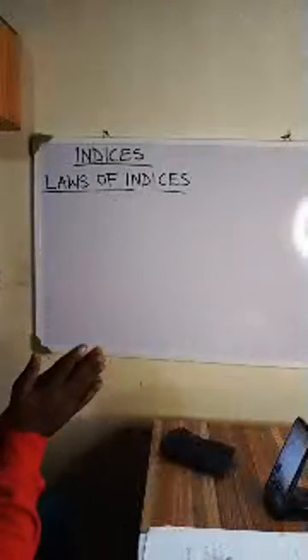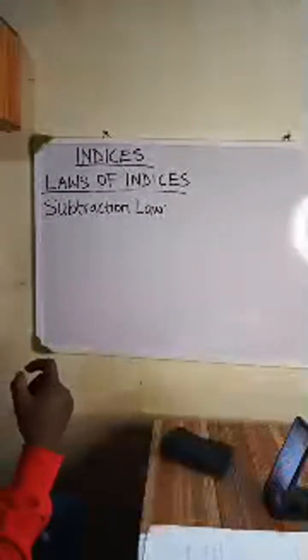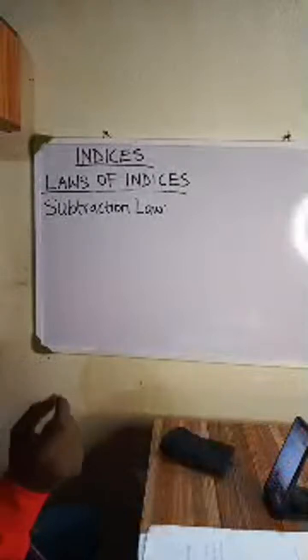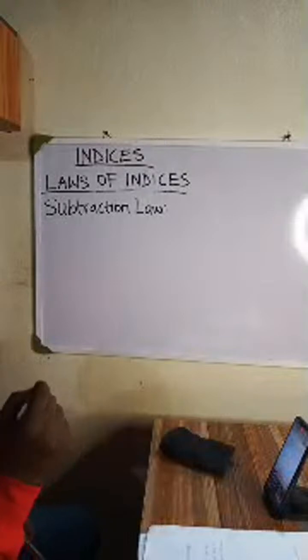The second law of indices we're going to be looking at is the subtraction law. For the subtraction law, when you are dividing index numbers with the same base, subtract the second power from the first power.